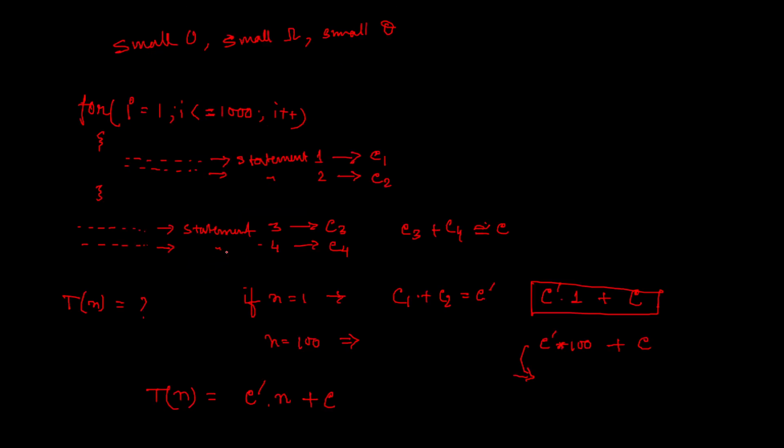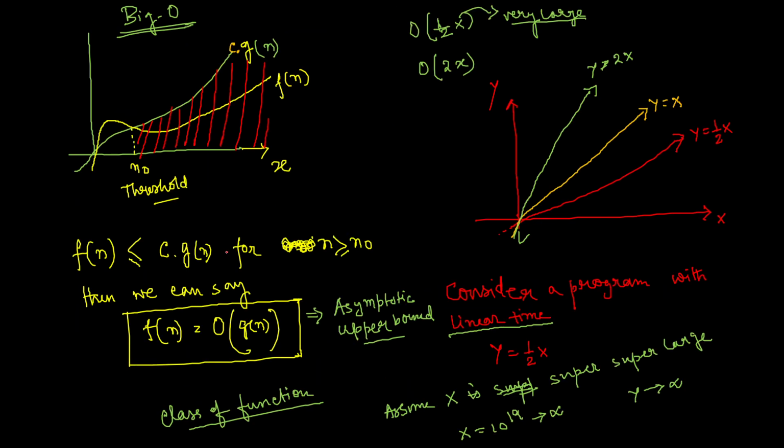As we have seen in the earlier example, whatever the curve is, since all the curves are multiplied by only some constant value, in this case 1 into x, so 1 is constant, here half is the constant, but ultimately they are representing the same class of function for a very large value of x.